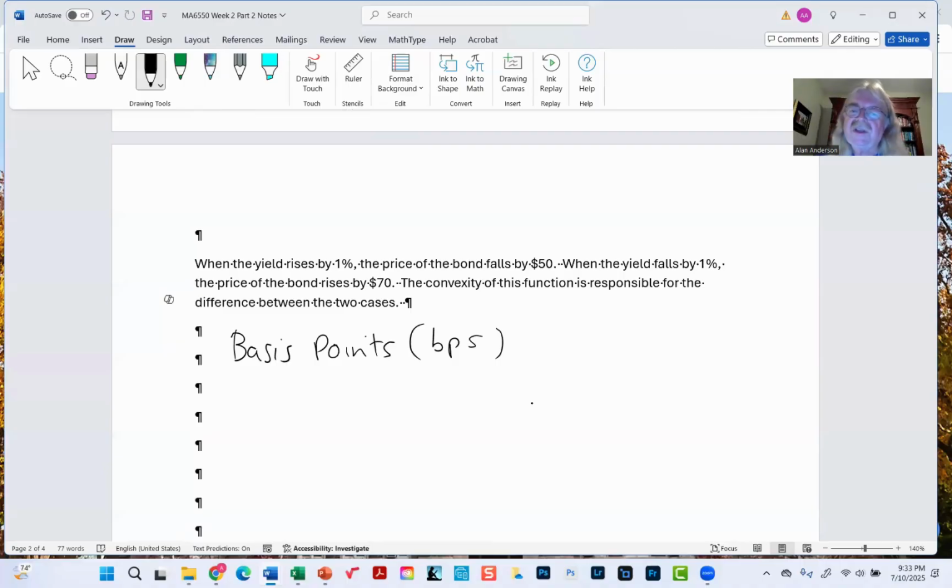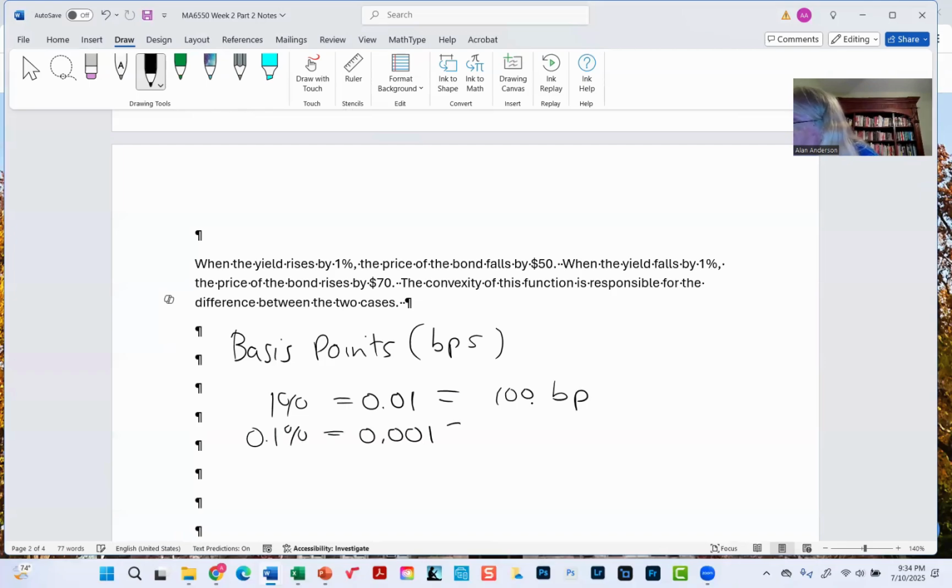The way it works is this: 1%, which is 0.01, is defined as 100 basis points. 0.1%, which is 0.001, is 10 basis points, and 0.01%, which is 0.0001, is 1 basis point.